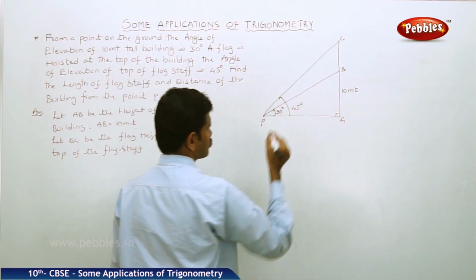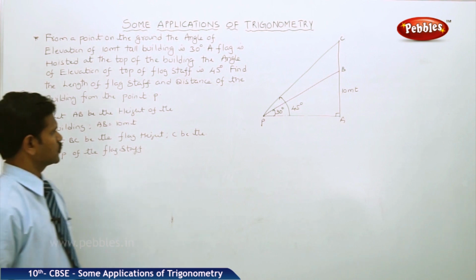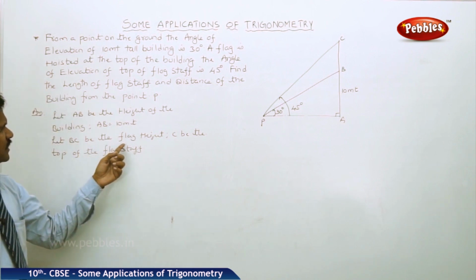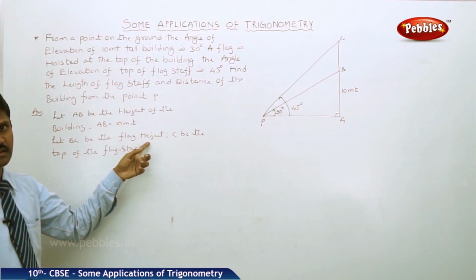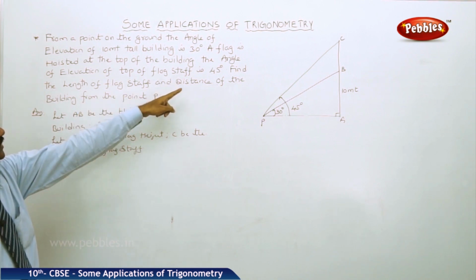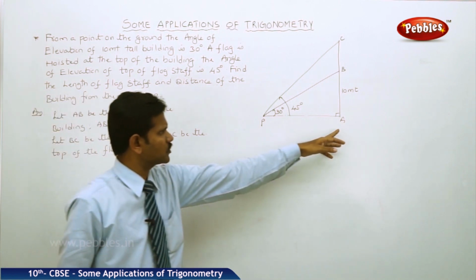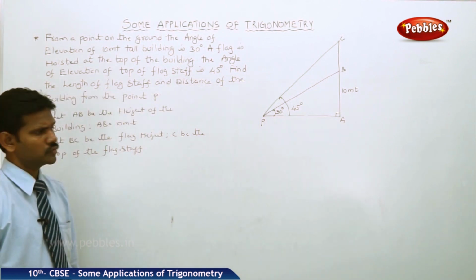Now find the length of the flagstaff. That means you have to find, let BC be the flag height, that is the length of the flag. After that, one more thing you have to find: the distance of the building from the point P, that is, you have to find AP also.